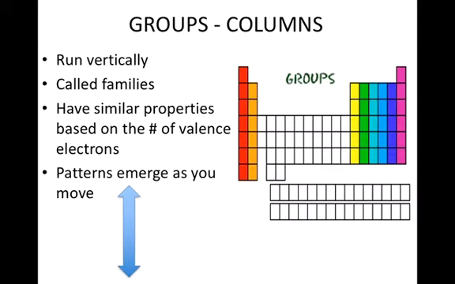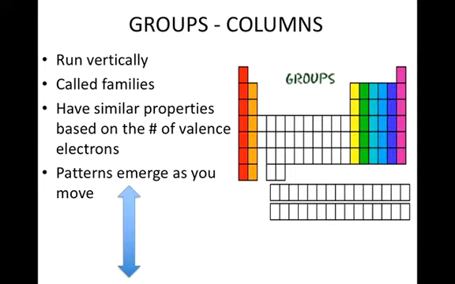Now, groups. You're already familiar with this idea of a group being a vertical column. Groups are called families. Just like you and your family members have similarities, maybe you and your mom are both left-handed, you have similar properties. The way that these elements in these columns are grouped is because they have the same number of valence electrons. You'll remember back to our blowing up the bathtubs.